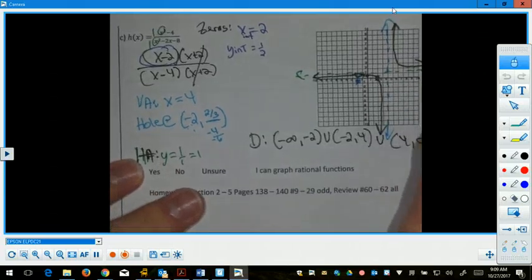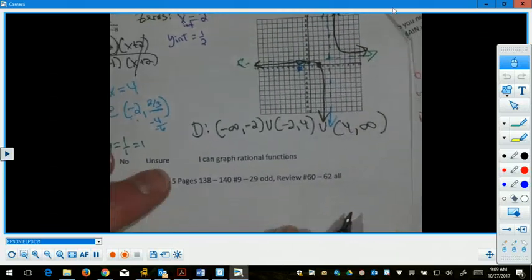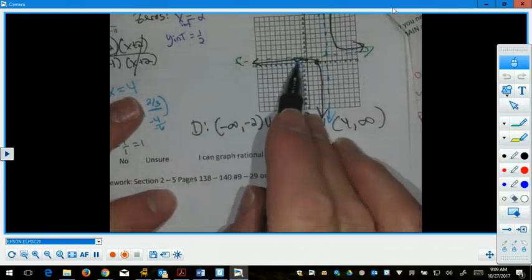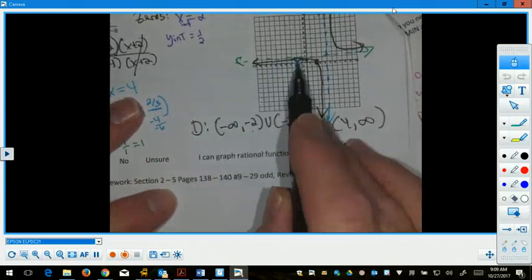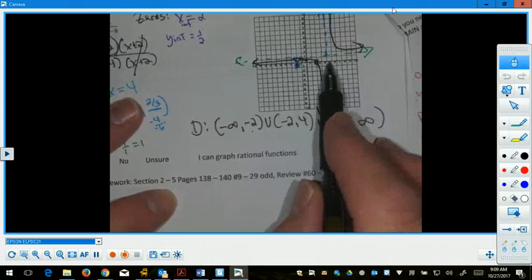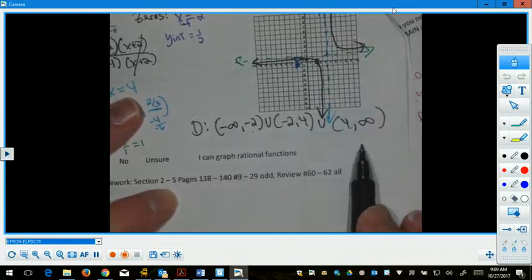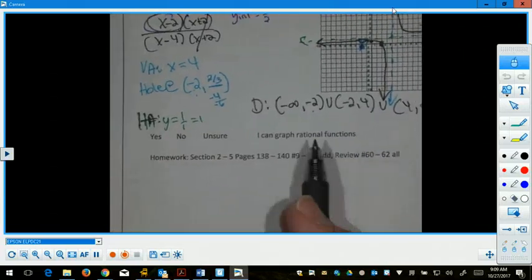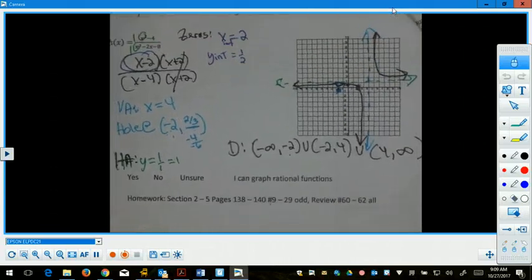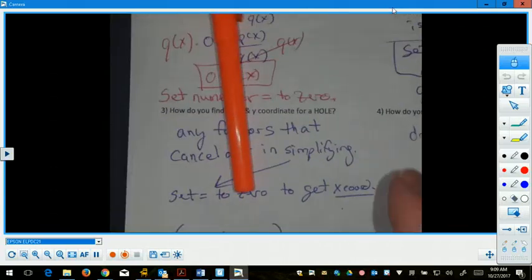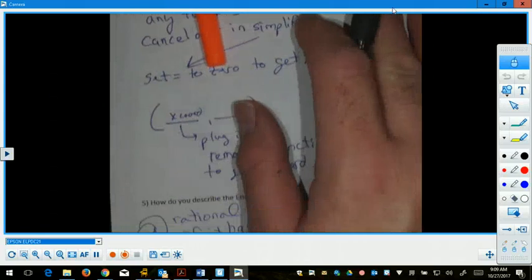And then from +4 to infinity. And I can see that on my graph as well. It goes left forever, doesn't have an x value there at -2. Between these, there's points, and past that vertical asymptote, there's points. So there's my domain.